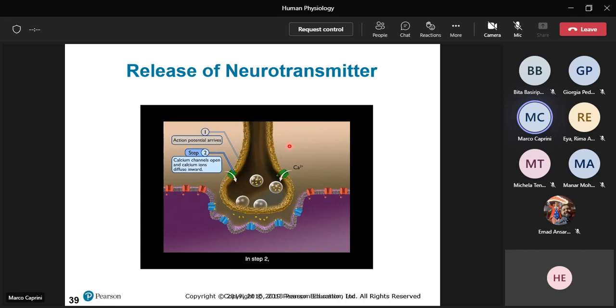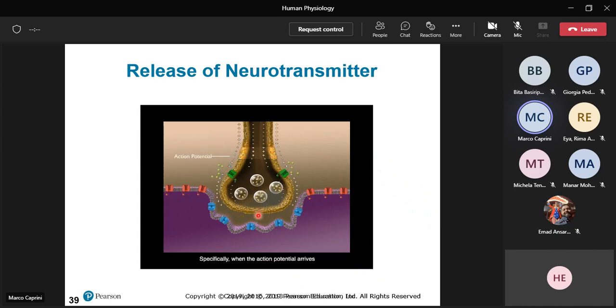In step 2, the action potential causes the calcium channels to open, allowing calcium ions to enter the cell. Specifically, when the action potential arrives at the axon terminal, the change in the membrane potential opens the voltage-gated calcium channels. Calcium ions diffuse into the axon terminal through the open channels because there is a higher concentration of calcium ions outside than inside the membrane.